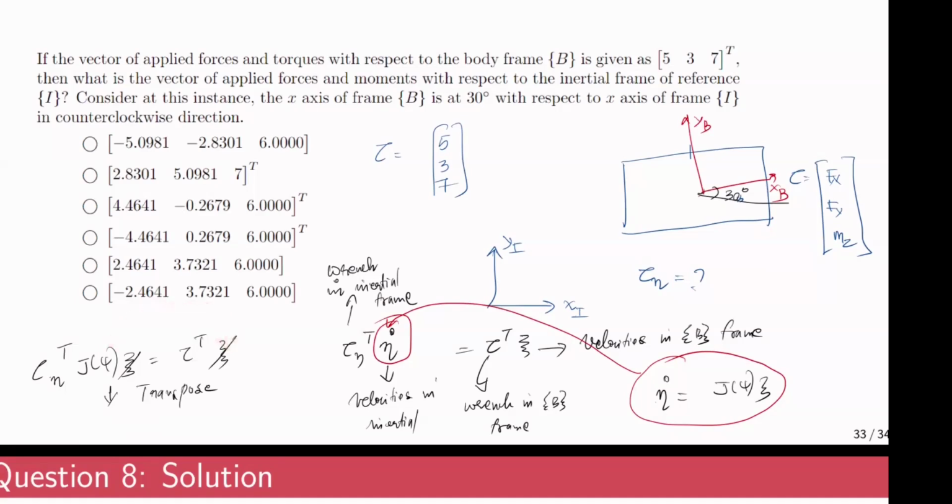Or rather, I'll just take the transpose first. So J of psi transpose tau eta is nothing but tau.